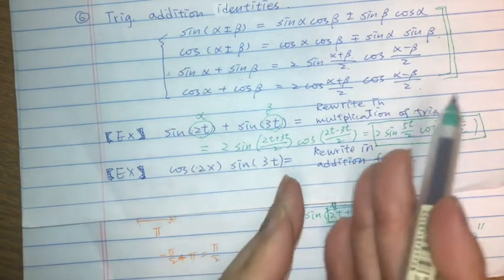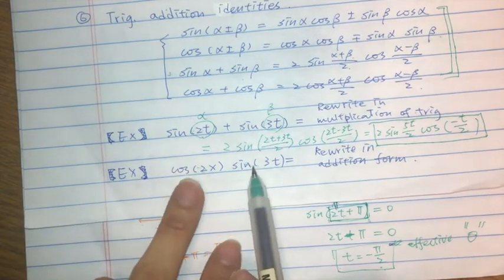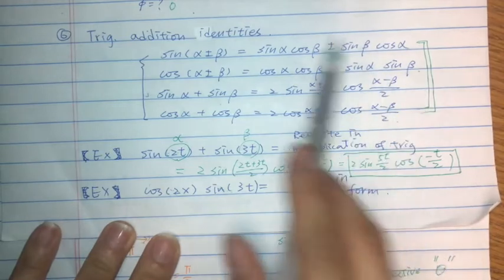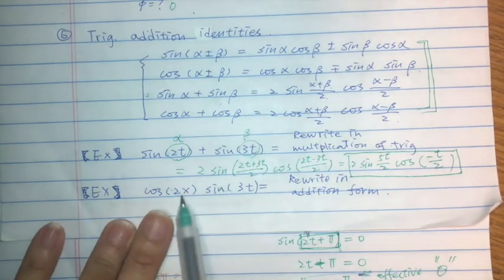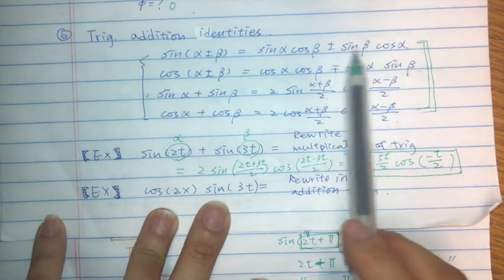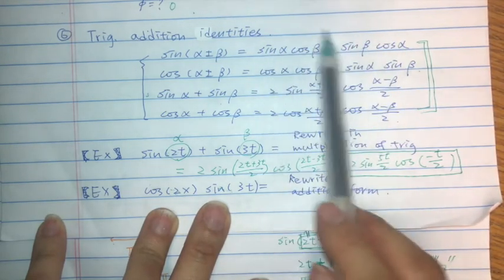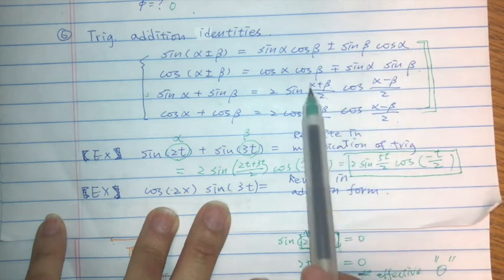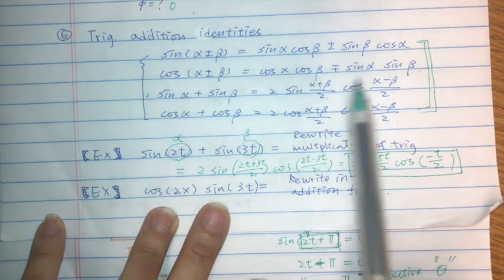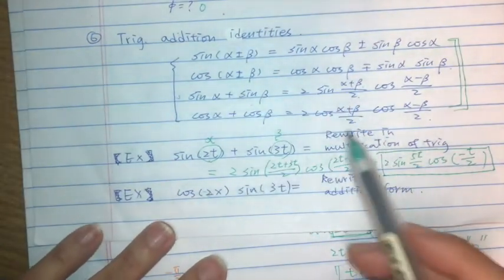Like one trig plus another trig instead of multiplication. Right. So I can do it with one of these trig identities. I have a cosine sine multiplication, so I can use either this one, cosine sine, or this one, cosine sine. So pick one you like and see which one is more useful.